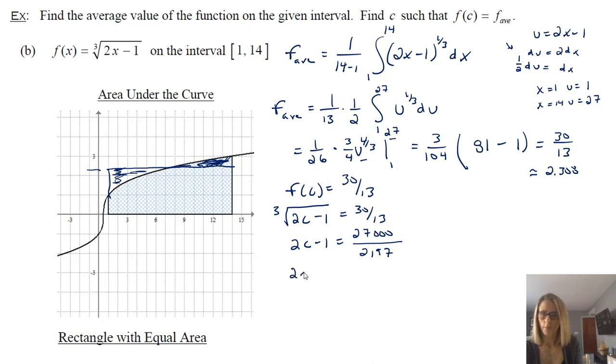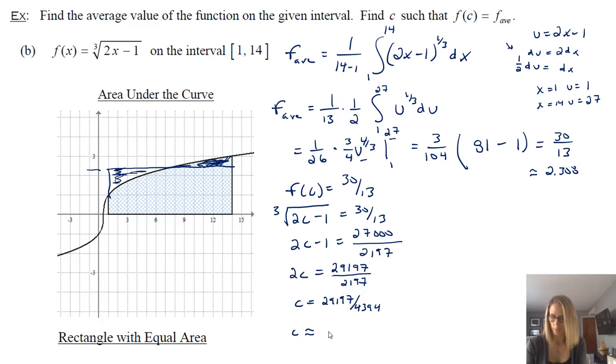If we add 1, this actually simplified is 29197, which makes sense because you're basically just adding 2197 over 2197, and then we divide by 2, and we get 29197 divided by 4394. So, you know, it is what it is here.